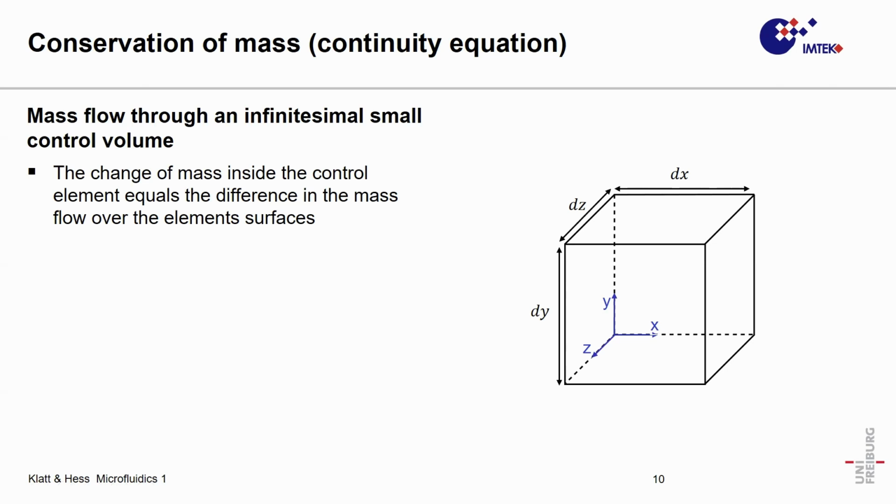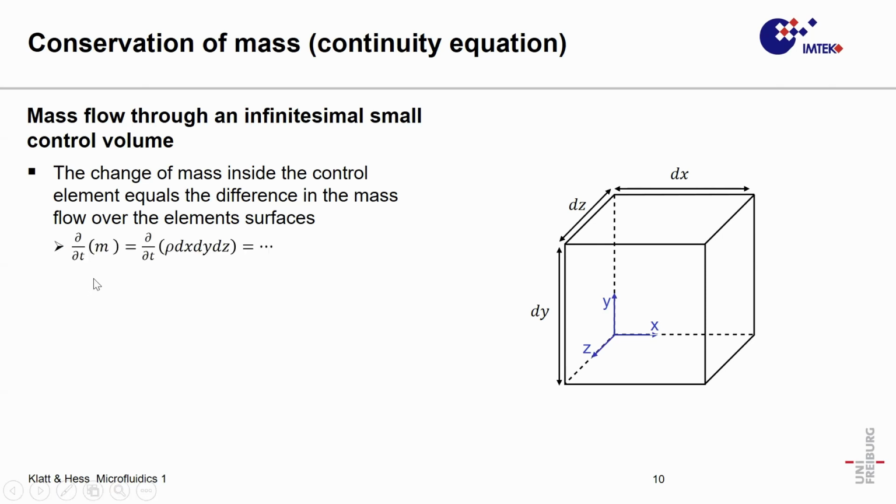When we want to derive the continuity equation, we consider an infinitesimal small control volume, which is illustrated on the right. As you can see, it has the shape of a cube with the dimensions dx, dz, and dy. We can now state that the change of mass inside the control element equals the difference in the mass flow over the element surfaces.